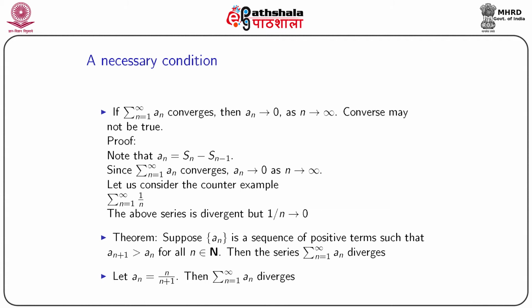So it is expected that the summation will diverge. Consider an as n over n plus 1. Then an plus 1 is n plus 1 over n plus 2, and it can be shown quite easily that an plus 1 is greater than an. So the series sum over n from 1 to infinity of n over n plus 1 diverges.